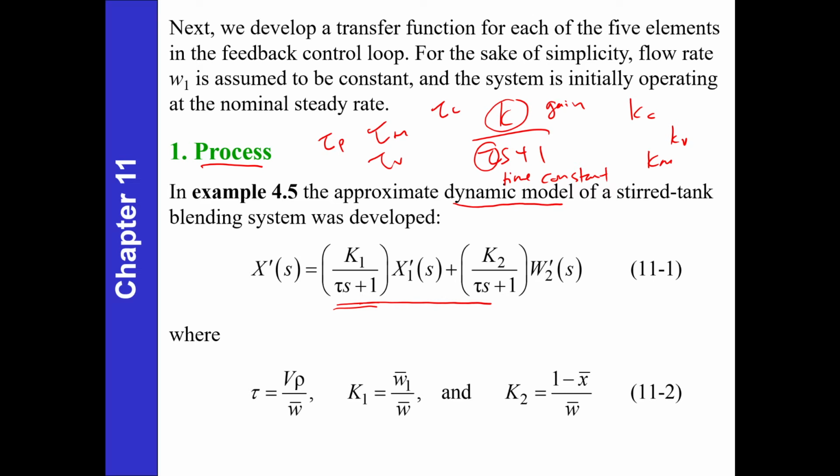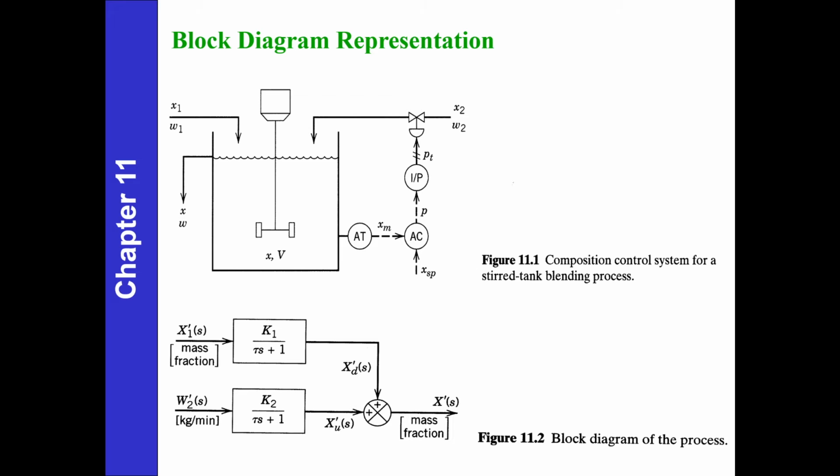That is maybe a revision for you later on, which should be covered by me. So we have this block diagram. This is a block diagram representation. This is an instrumentation diagram. So this is the process, the stirred tank blending process.